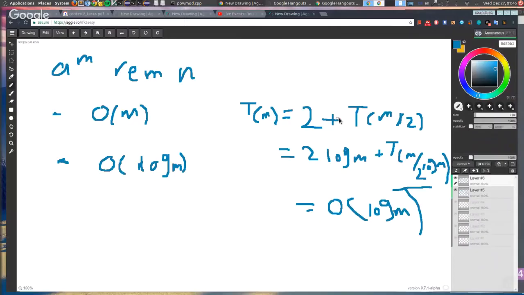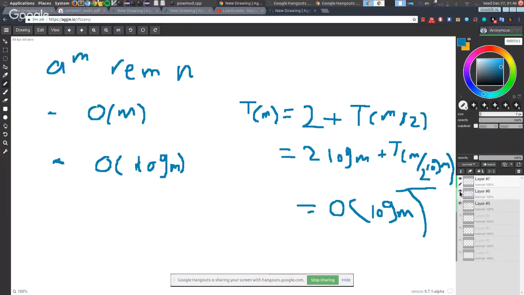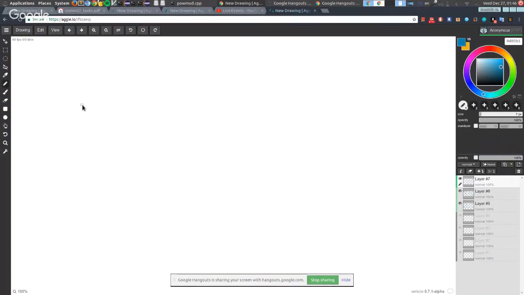Basically, you can think of it as computing a to the power of the exponent, so here we want to have this.